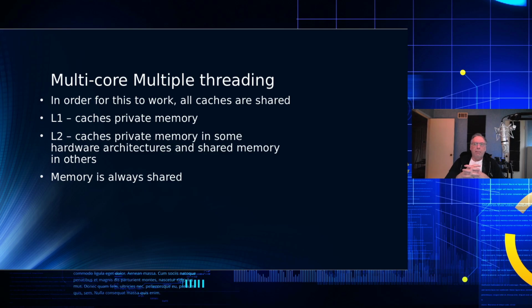L2 can be either private or it can be shared. It depends on the hardware implementation of it. L3 would be shared, and of course memory is always shared. And then there's also L4, which is disk, or L5. So yeah, memory is always going to be shared. So the worst case scenario is you'd use shared memory constructs.